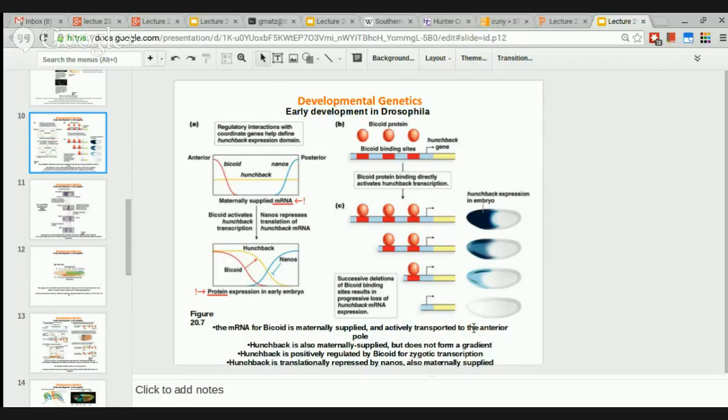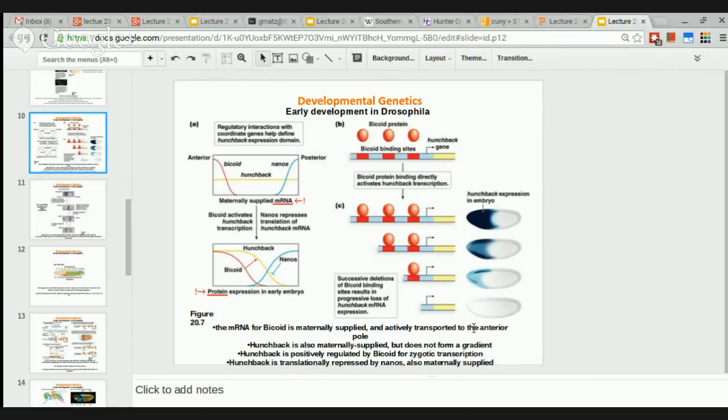In fact, even if you have Hunchback RNA in the posterior pole, nanos represses the translation of this maternally supplied RNA. And therefore, the Hunchback protein is low at positions where nanos is high enough to repress the translation. And this also impacts the profile of Hunchback production in the embryo.